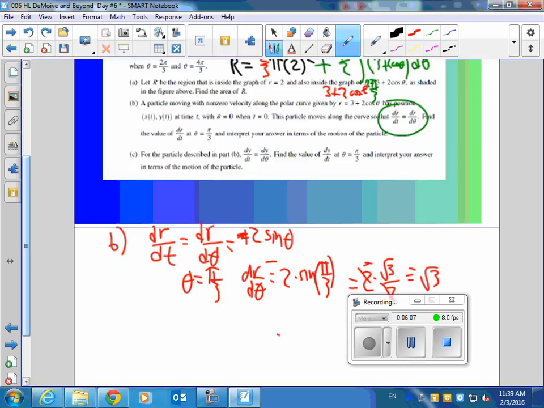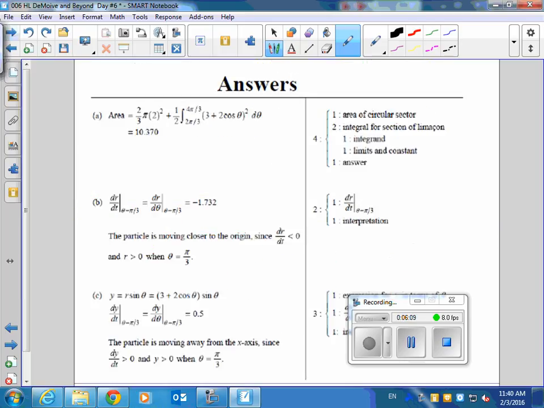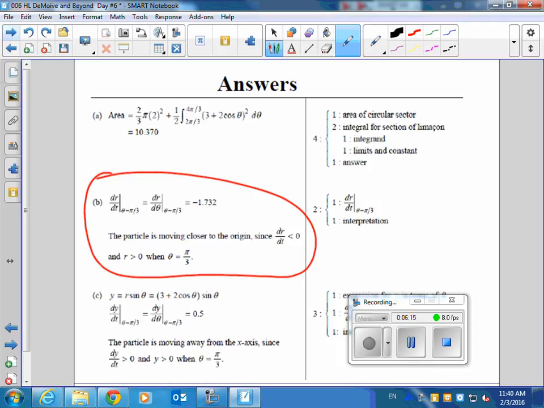So what we would do for your answer is, by the way, negative square root of 3. The particle is moving closer to the origin. Instead of going out, positive, it's going in. So we would say it's moving toward the origin. So negative means toward the origin.